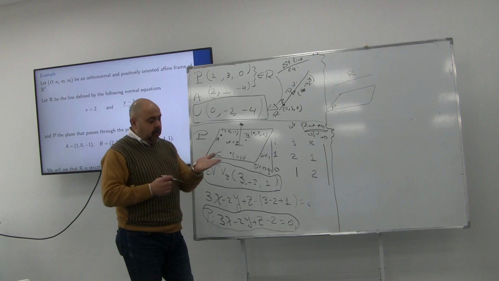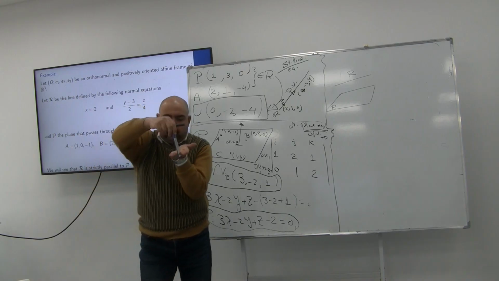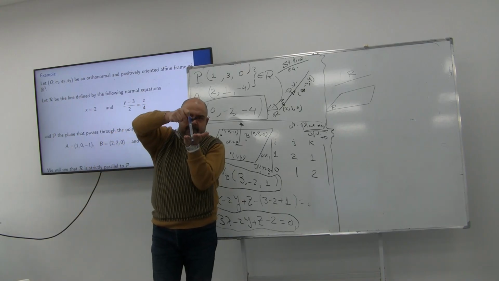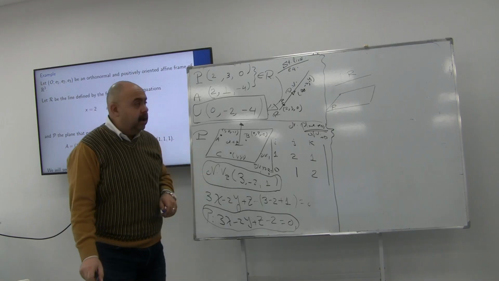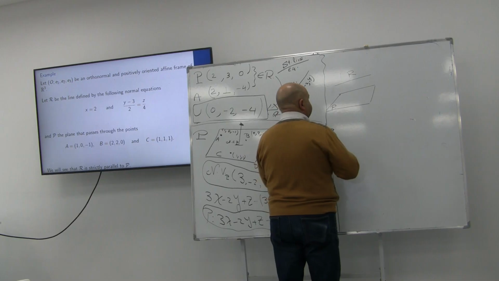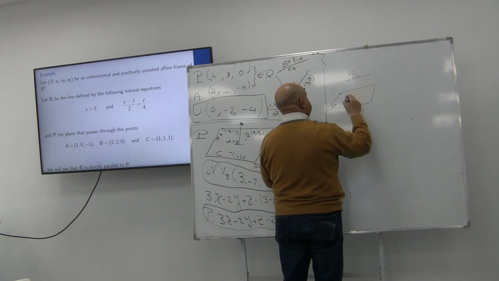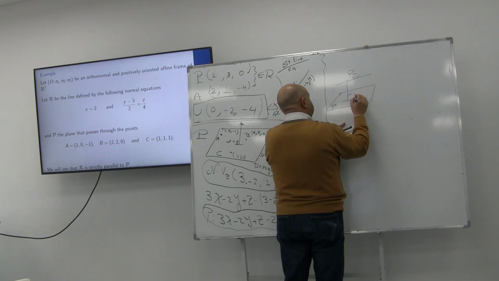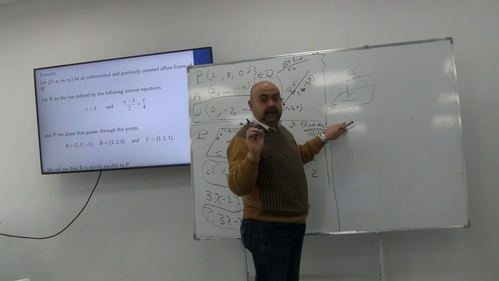First of all, in order to have a strictly parallel, it means that the normal vector of your plane should be perpendicular, or orthogonal, on the direction ratio of your straight line. And this can easily be done by the following. This is the normal vector of P. So if this is R and that's its direction vector, and this is the normal vector of this plane, if they are parallel, then their inner product should equal 0.